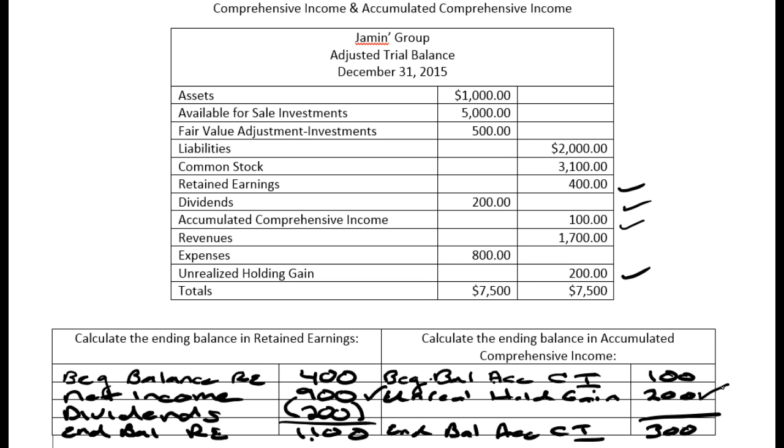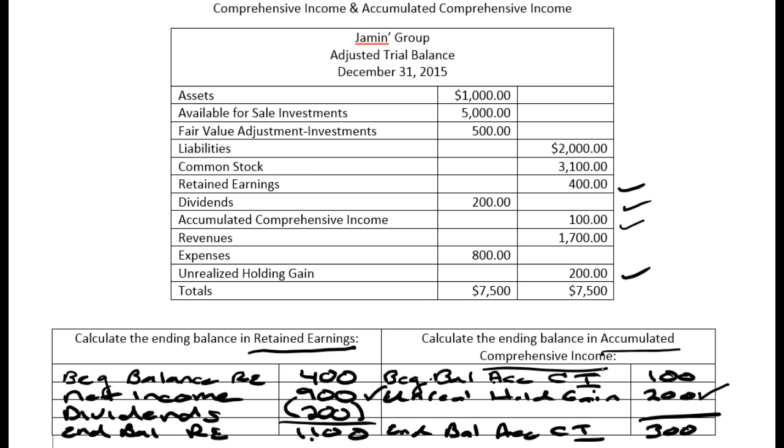Retained earnings picked up the legitimate amount of net income, and accumulated comprehensive income picked up the amounts that were not allowed to be recognized. And in total, 900 plus 200 equaled the total amount of comprehensive income for the period.